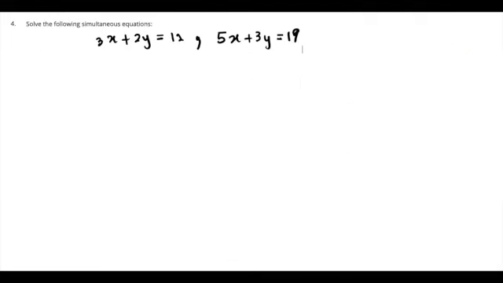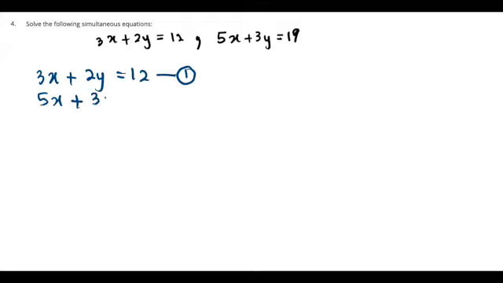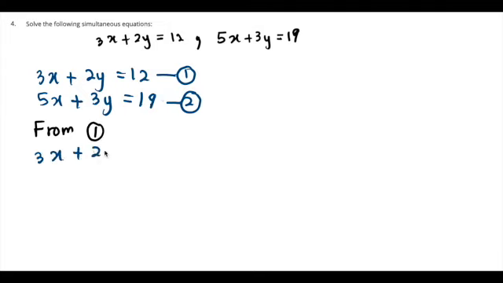Done. Let's move on to equation 4. Okay, solve the following simultaneous equations. So as usual, put equation 1, and the other linear equation is equation 2. I'm going to use substitution again. So choose from which equation you want to find a term in terms of another term. I choose 1.